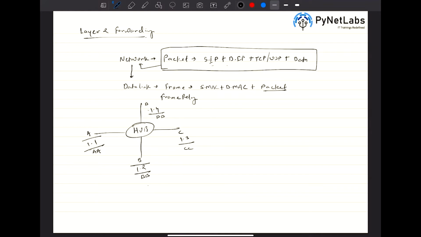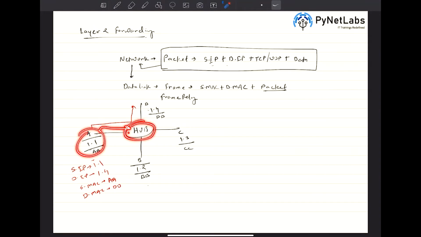Now, whenever a communication needs to be done, for example from A to D, your computer would encapsulate data in a way that the source IP address will be 1.1, the destination IP address will be 1.4, the source MAC address will be AA, and the destination MAC address will be DD. Such a frame will be forwarded to the hub.